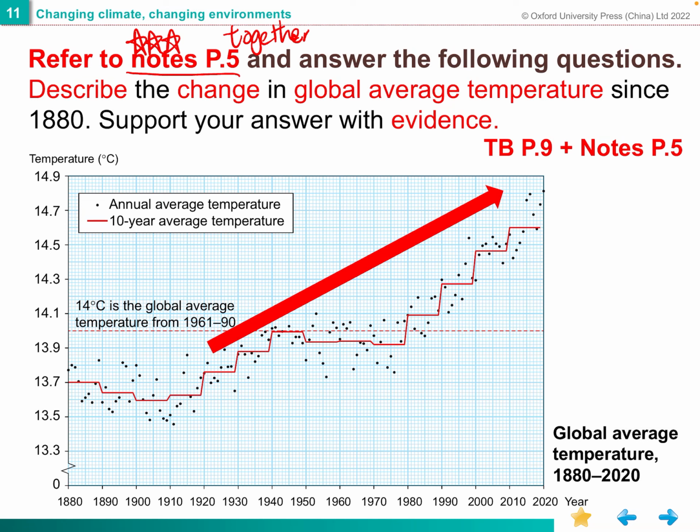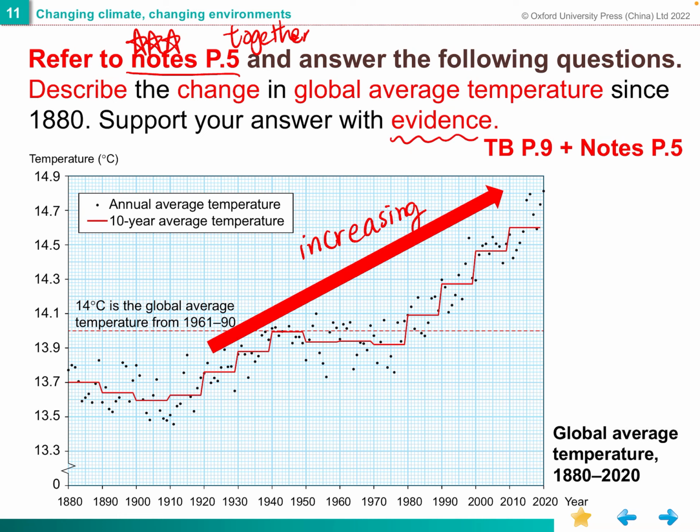The temperature is increasing. Mark the arrow and mark down increasing. We do this together in your notes. So the global average temperature from the past to now is increasing.